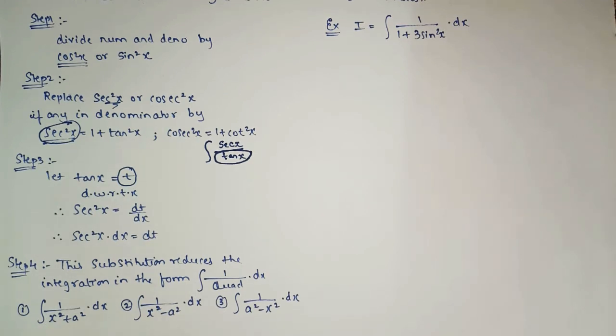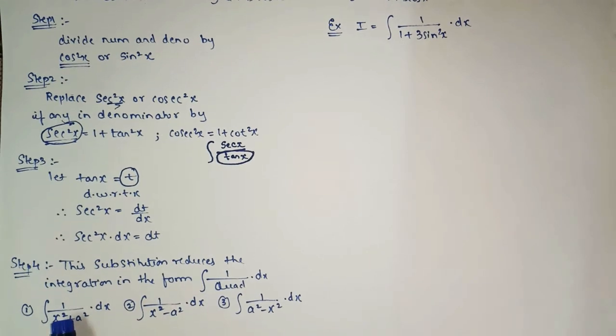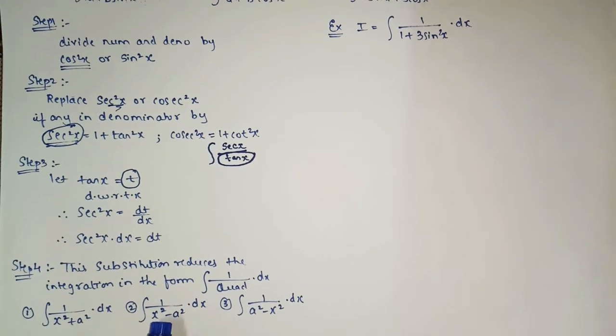We have to make the coefficient of the square term 1, and the sign should be positive. If the middle term is present, you have to apply the third term. If the middle term is absent, we can directly solve the sum. And there we have three formulas. One is integral 1 upon x square plus a square. The second one is 1 upon x square minus a square. And the third one is 1 upon a square minus x square. And we know when to apply this third formula, whenever the sign of x square is negative.